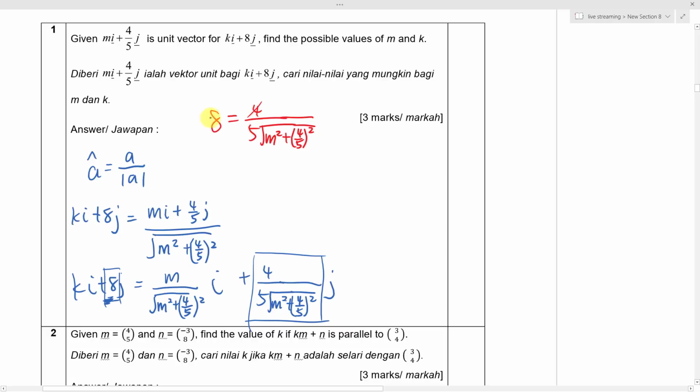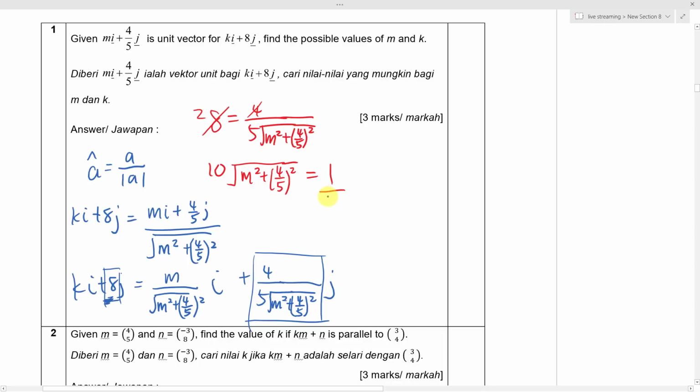This one will give me 10 square root of m square plus 4. Did I make any mistake here? I hope not. Okay, it's fine, we'll find out. Equals 1. So this should be okay.